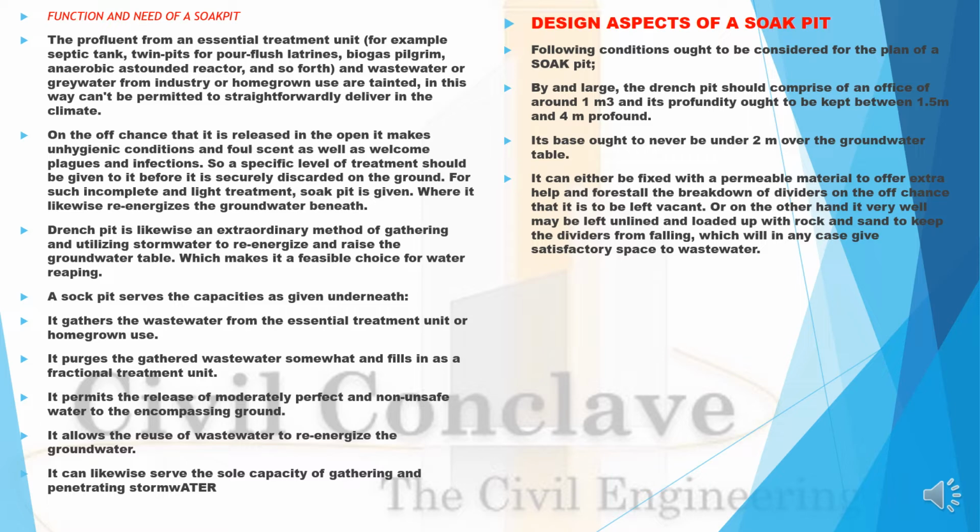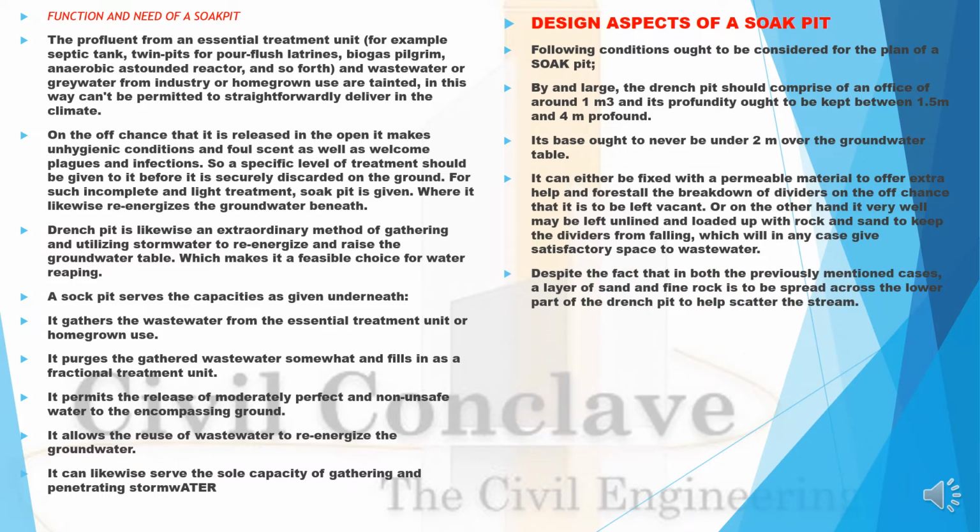It can either be lined with a porous material to offer extra support and prevent the collapse of the walls, etc. Alternatively, it can be left unlined and filled with rocks and stones to keep the walls from falling, which will still give adequate space for the wastewater.